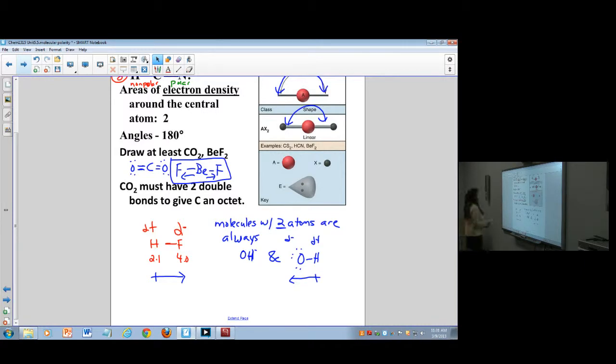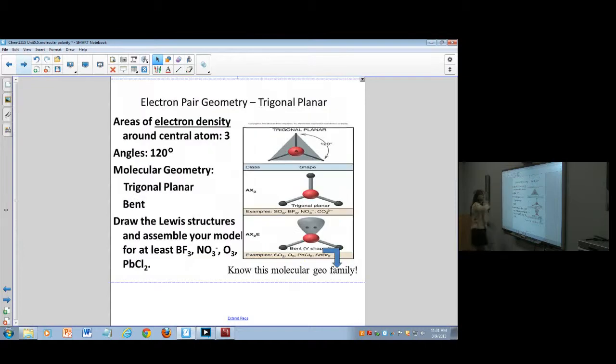Now, let's look at trigonal planar again. Remember, trigonal planar is just one plane. It has 3 outer atoms, and each of those atoms is 120 degrees from each other. So we've got a structure that looks like this, and as long as all of these outer atoms are the same, that is a symmetrical structure.